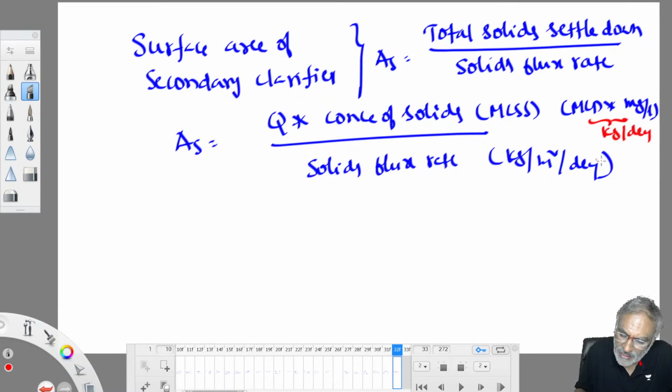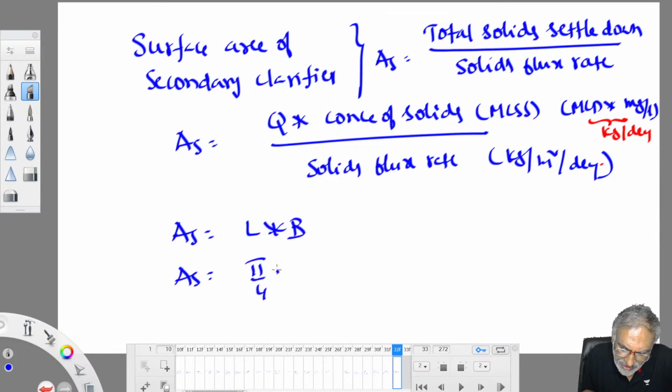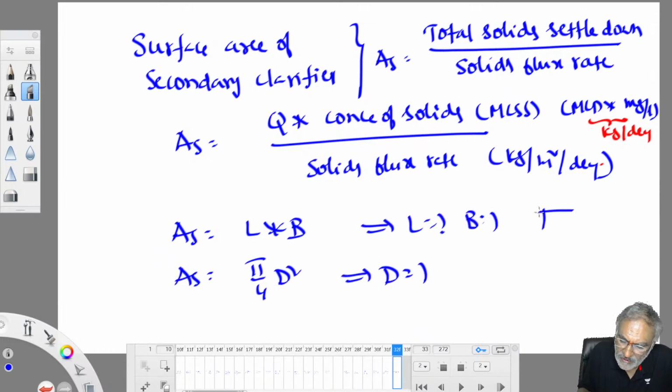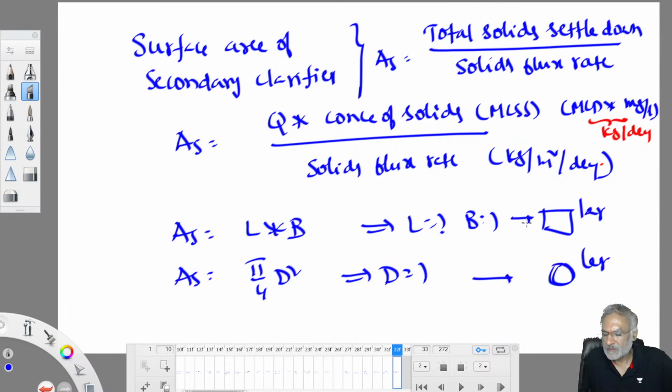So kilogram per day will cancel, left with meter square. That's how we can design. Once the surface area is known, then for a rectangular tank it is L into B, and for a circular tank it is pi by 4 d square. You can find out whatever you require. That is called the design of the secondary clarifier.